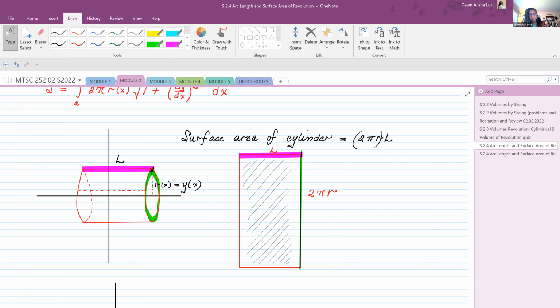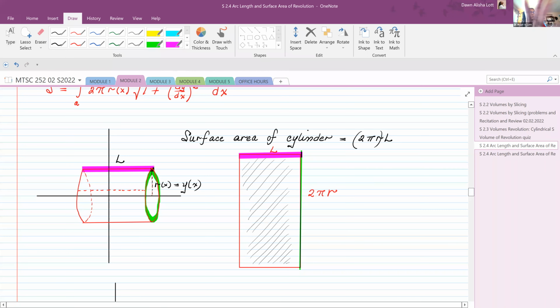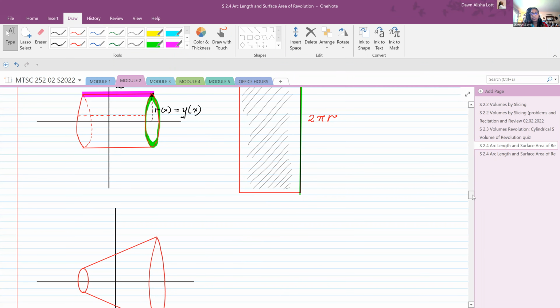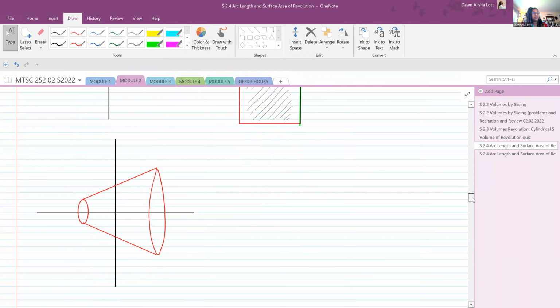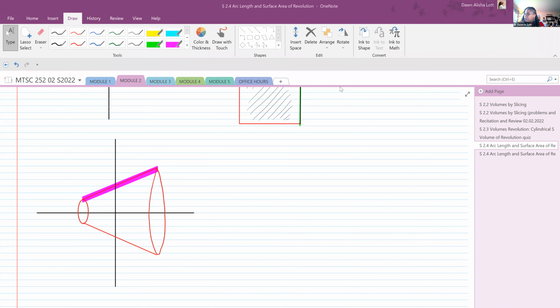Okay, so we were here. So I said, now suppose we have this region instead. If we have this region, we're going to still revolve this line, that whole line, just like this. Hold on one second. So when we revolve this thing around the x-axis, notice now we get a different radius over here.